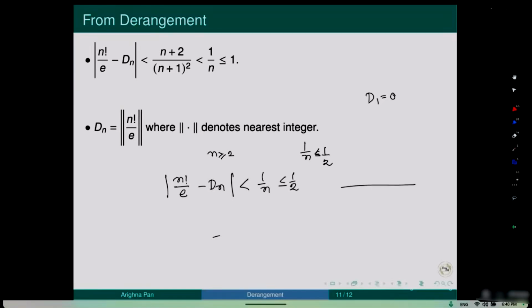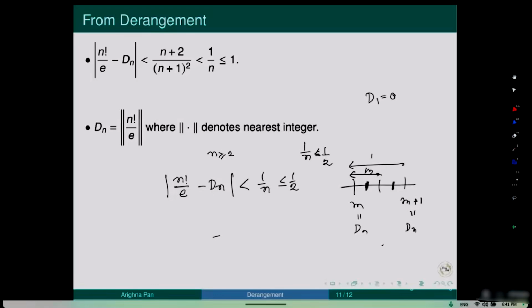So if I consider some m and m plus 1, D_n should be equal to m, or D_n should be equal to m plus 1, because it is an integer, it should take some integer value. But what we have, n factorial by e minus D_n, is less than half. This length is 1, and this length is half. So n factorial by e must lie either in this place or this place.